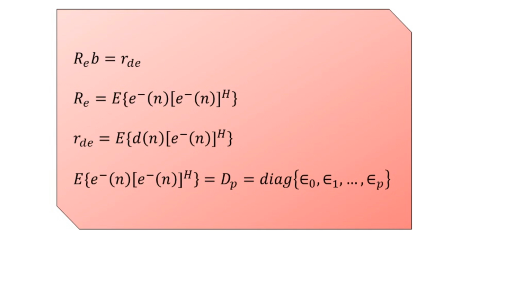So here we have b of k is equal to 1 upon epsilon suffix k multiplied to the expected value of d of n to that of the complex conjugate of e suffix k of n, e is minus here. Now this particular solution assumes that the processes are stationary and requires knowledge of the cross correlation between the desired signal d of n and e suffix k of n, e is negative.